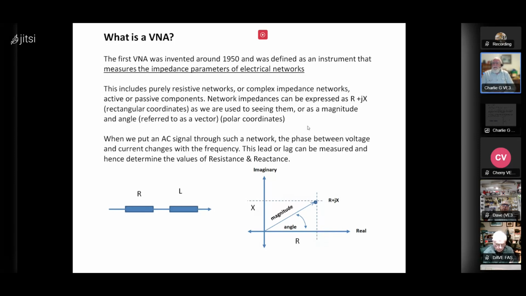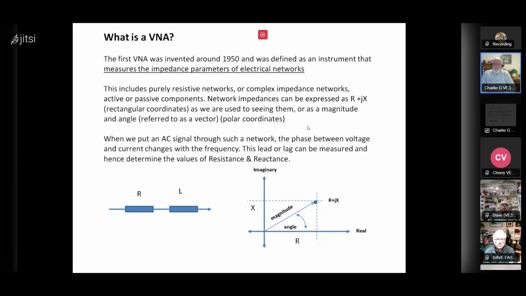So this could include purely resistive networks or complex impedance networks, active or passive components, and basically any impedances of any network that you can conceive of. The VNA can actually measure what those values are.